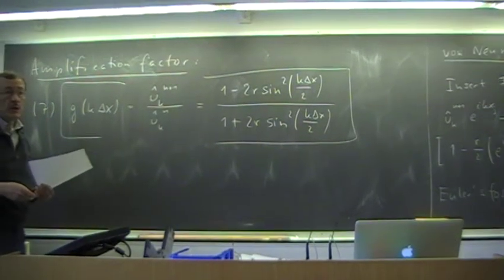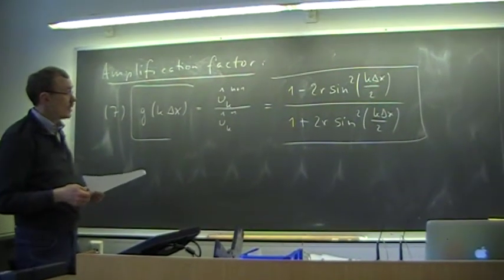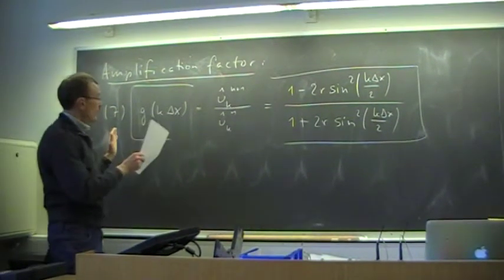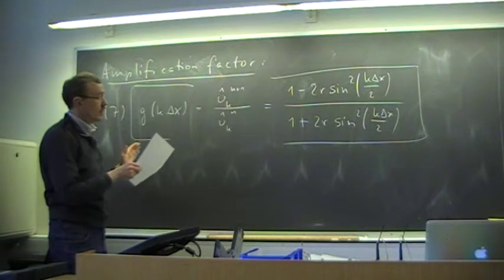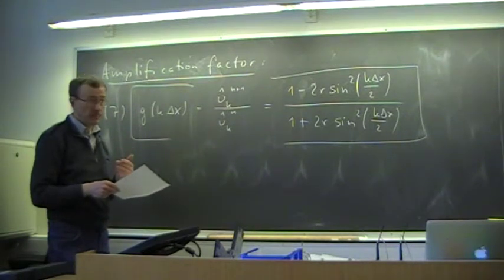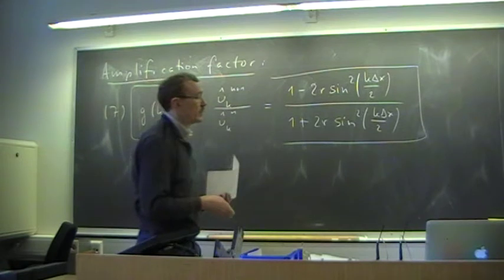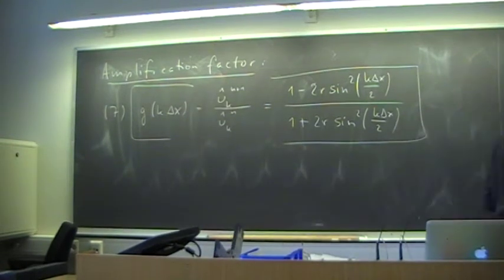And the criterion in the von Neumann analysis for stability is that the absolute value of the amplification factor has to be smaller or equal than 1. Then we simply have to check that to find the condition that it will impose on r, if any.